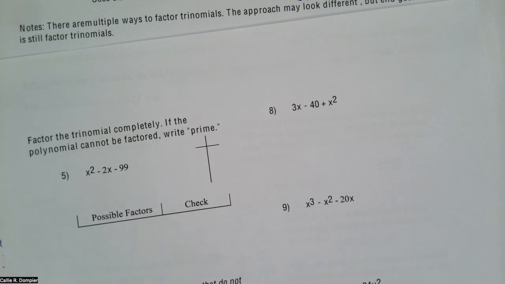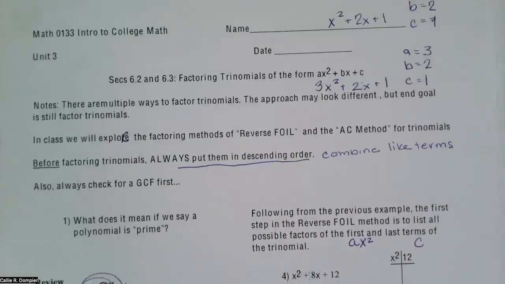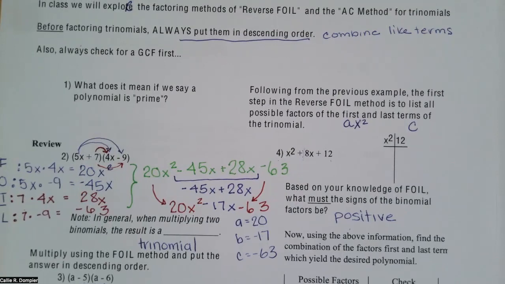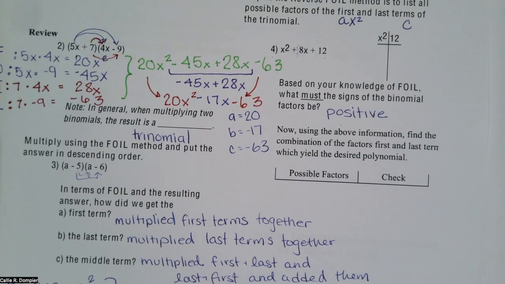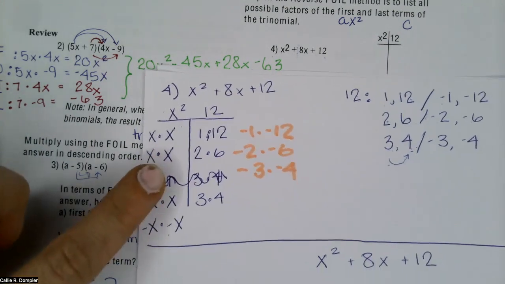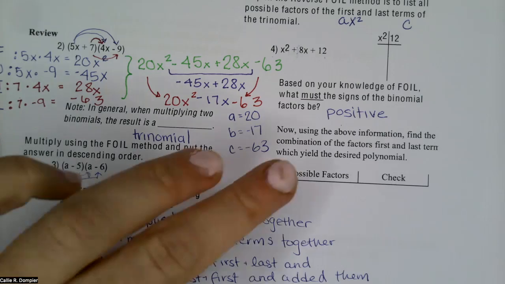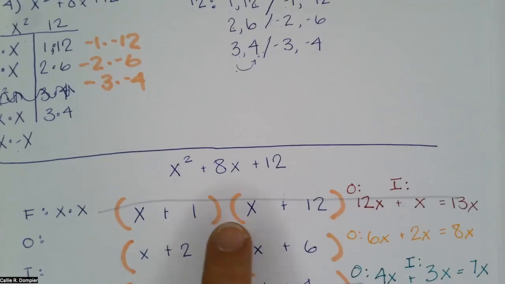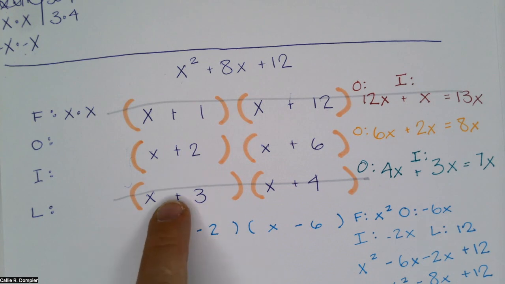That is the reverse FOIL method. Okay, so we did our possible factors. Our possible factors were 1 and 12, 2 and 6, and 3 and 4. We checked each one. 1 and 12 does not work. 2 and 6 does work. 3 and 4 does not work. -2 and -6 do not work either.